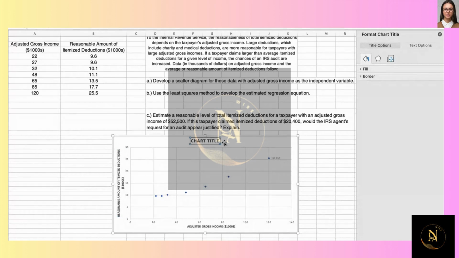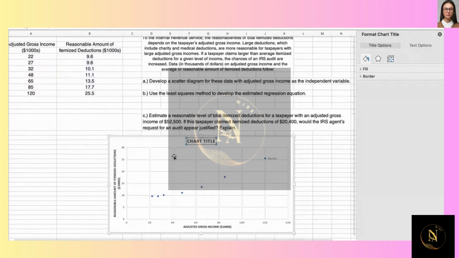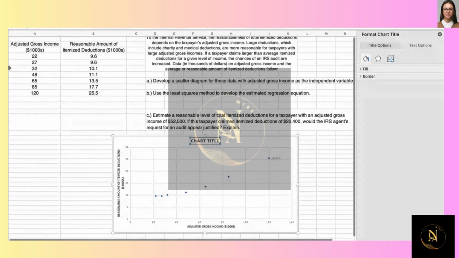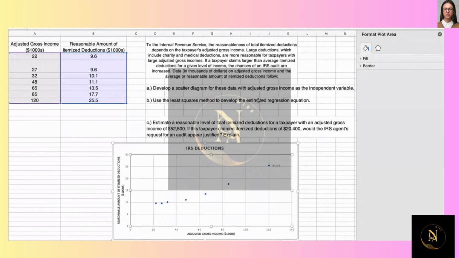And actually, we can add a title, and we can call this IRS deductions. Okay, and so here is my scatter diagram.